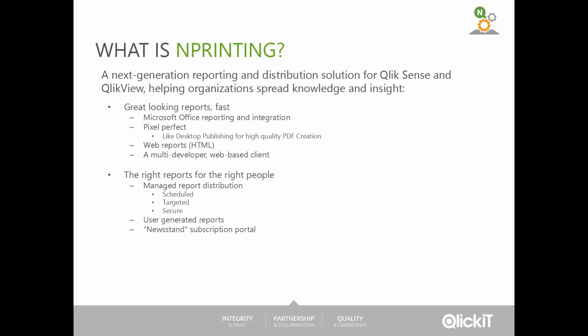Also, it's secure. It will take into account the section access, etc., from your reports, and you can pull in the people into NPrinting that you're going to distribute to and make sure that it's consistent with your QlikView applications.